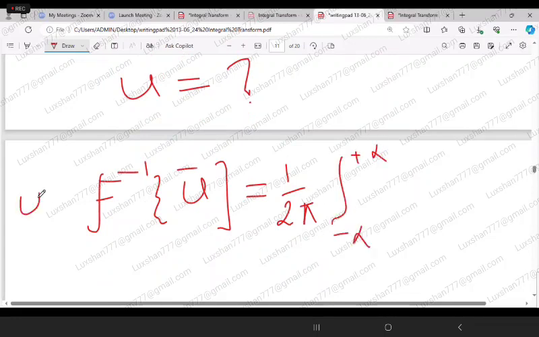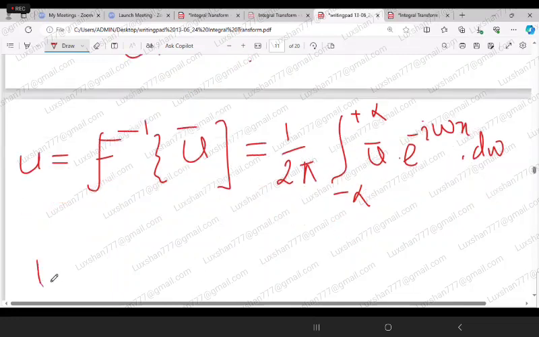So u is the inverse Fourier transform of u bar, which is equal to u bar into e to the power minus i omega x d omega.